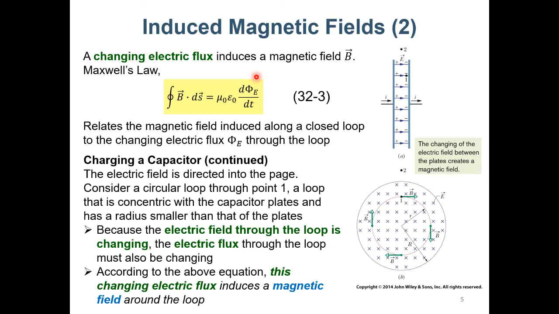This is not a closed surface, so we don't have a circle on the integral sign. As long as E is constant and uniform over the surface, this integration is somehow like E times A. So as long as E is increasing, this term is also increasing, and we take the derivative.